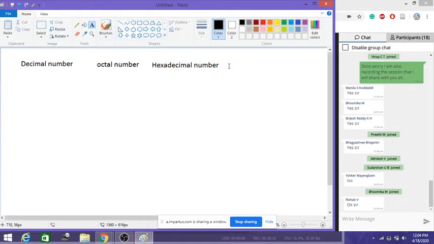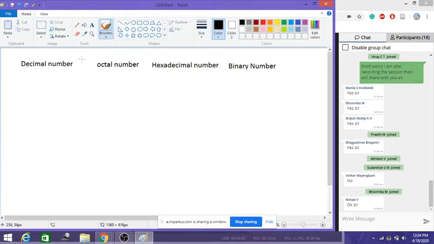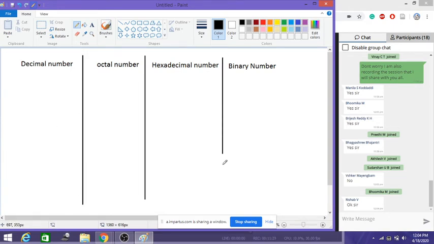Then the binary number. Now let us see all of this side by side. Let me put a straight line here with a thick line, like this.